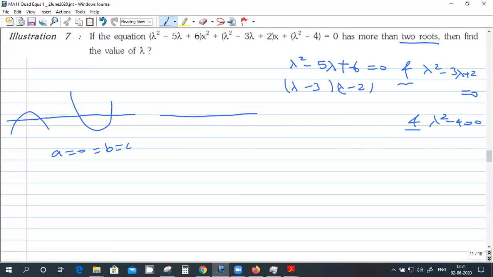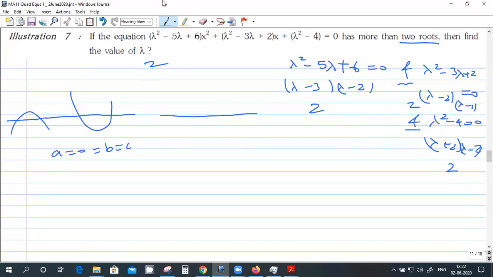And this thing is (lambda minus 2)(lambda minus 1). So this is (lambda plus 2)(lambda minus 2). So here lambda can be 2, here also lambda can be 2, and this also gives lambda equal to 2. Okay, so 2 is the one which is common for all the three conditions. The value of lambda is 2. Is that clear? Yeah, sir.